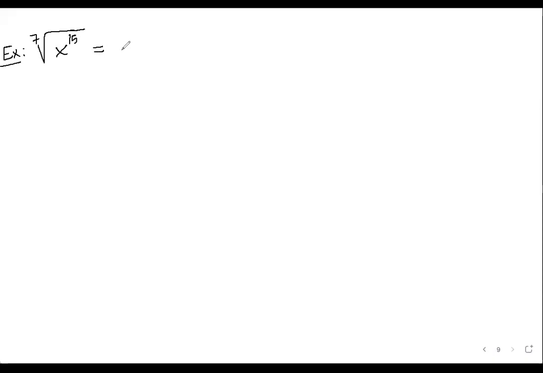Okay, what else? I can make it like this: x to the power 14 times x. But I have 7 here. Okay, what do I have to do? x squared.